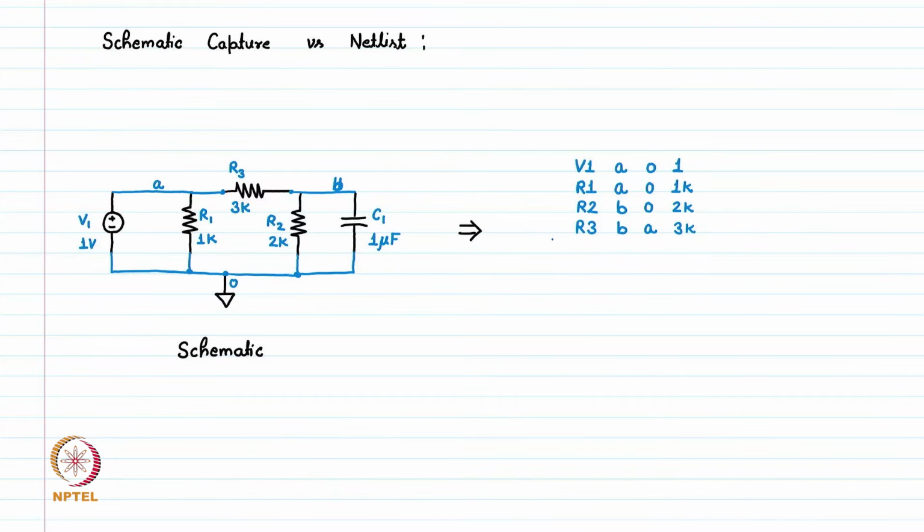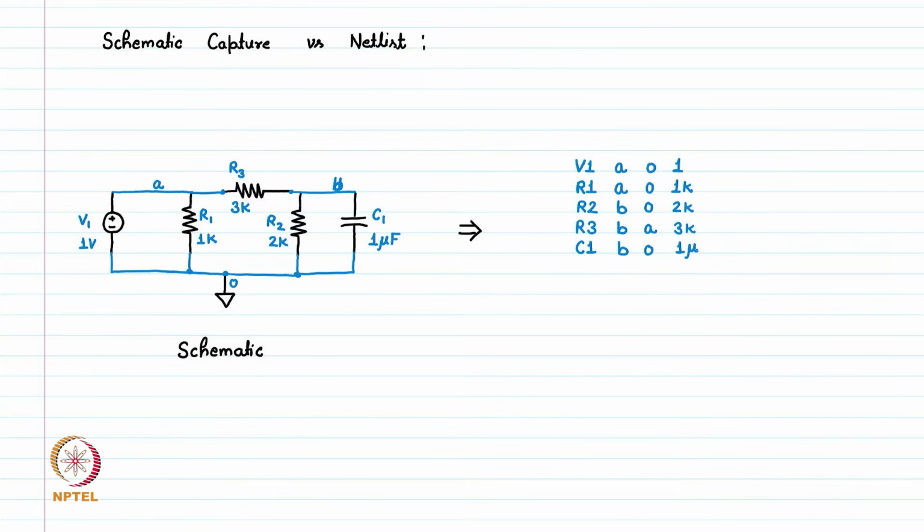So, R1, R2, R3, and the rest is the capacitor, the name of capacitor is C1. It is connected between two terminals B and 0, and the value is 1 microfarad. So, we write 1 micro, and farad is intuitive. SPICE knows that this is a capacitor, so the value is in farad.